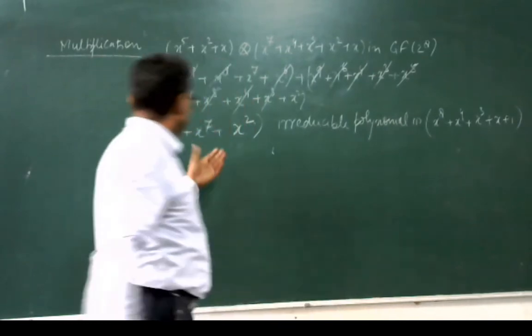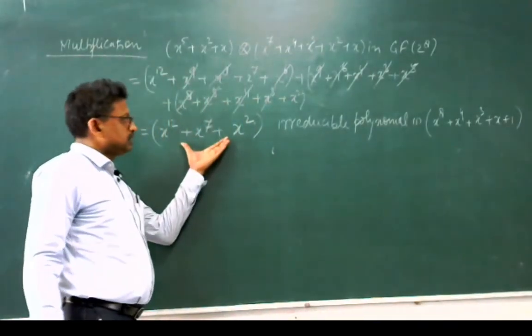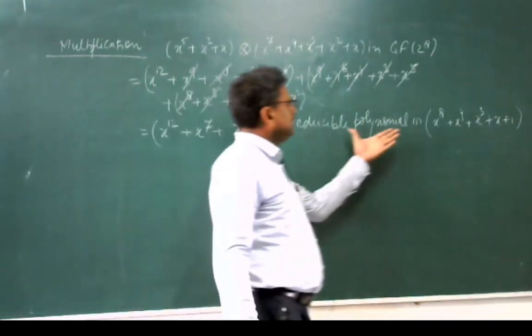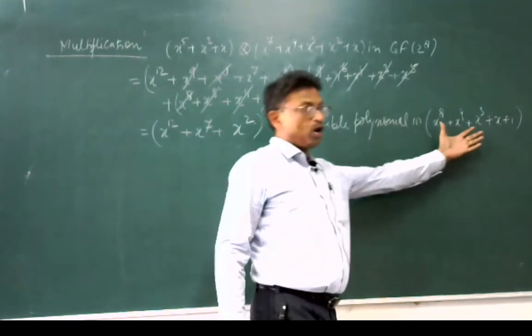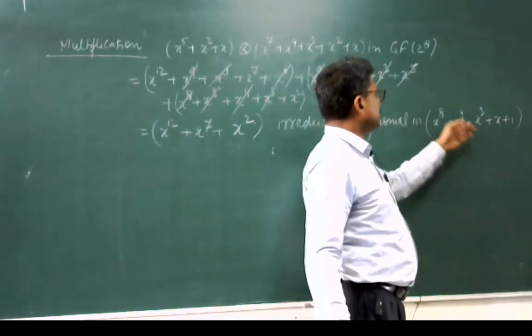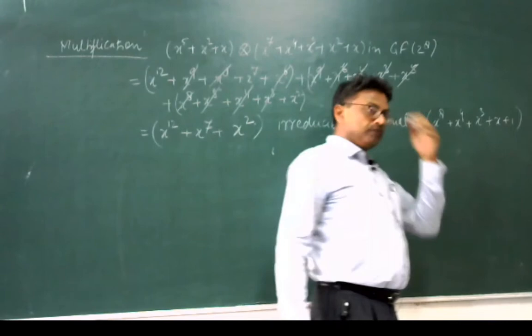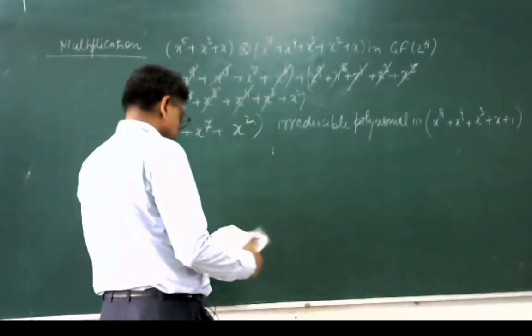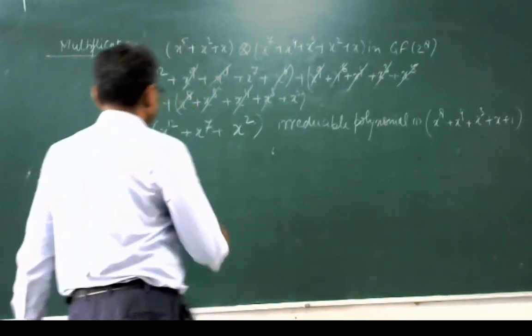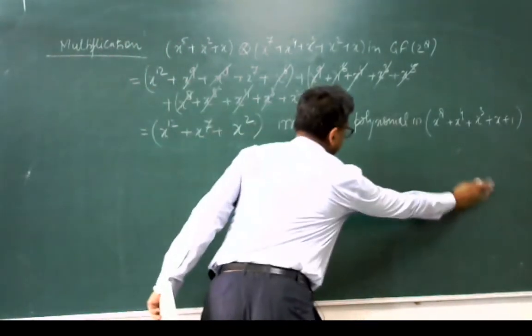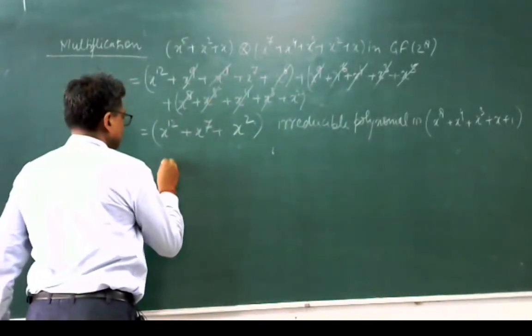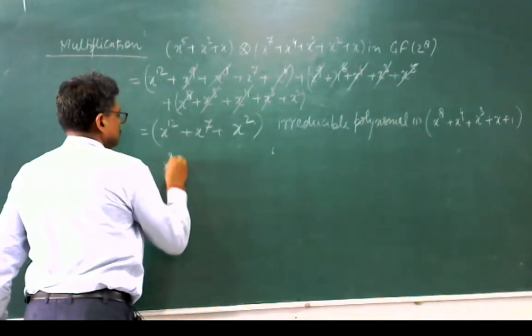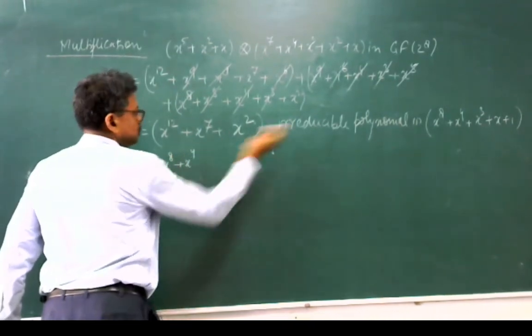So whatever we get as a result has to be reduced by the irreducible polynomial, whose mod value is x to the power 8, x to the power 4, x to the power 3 and x. So we have to find the remainder. How will we get the remainder? For that we will do a simple division process. How will we obtain the remainder? X to the power 8 plus x to the power 4, because this is the mod value.